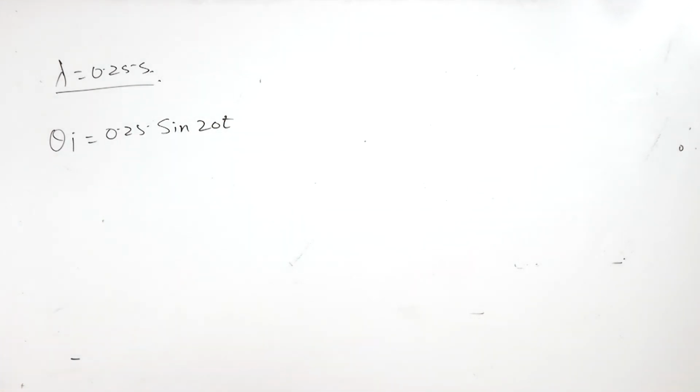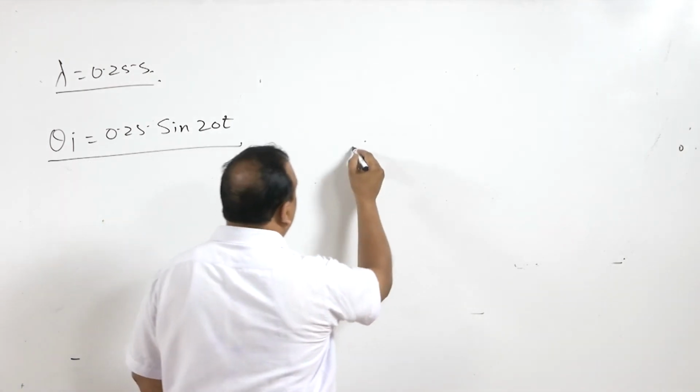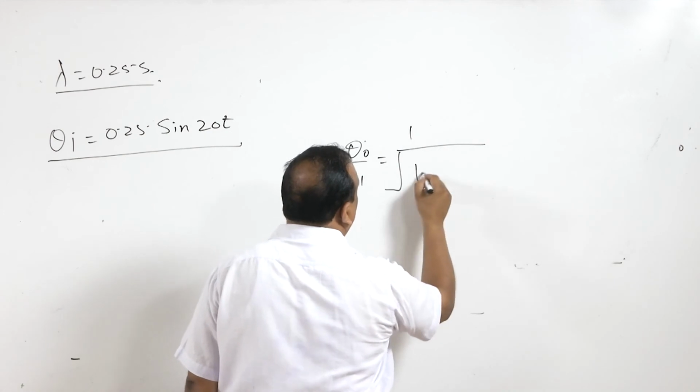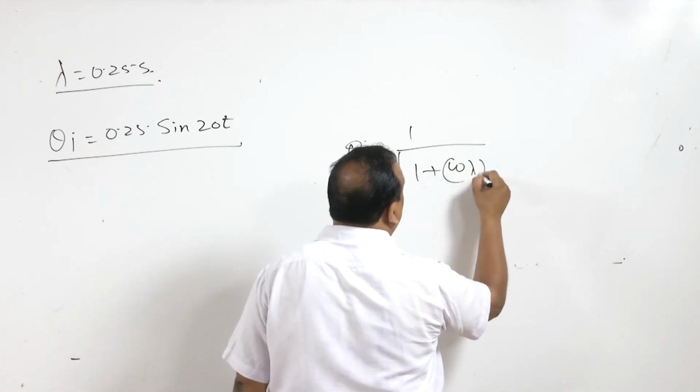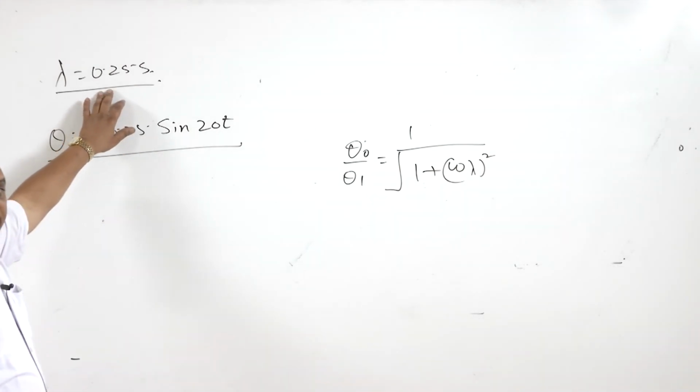This is the equation for input. Now we have to find the equation for output. So in order to find the output equation, we will calculate theta O over theta I, which is equal to 1 by the square root of 1 plus (omega lambda) whole squared. Lambda is here 0.25 seconds.